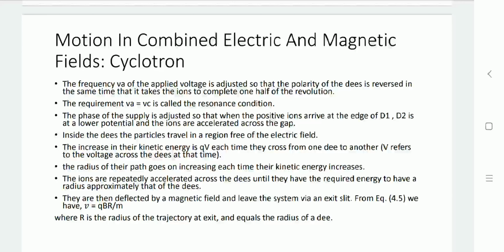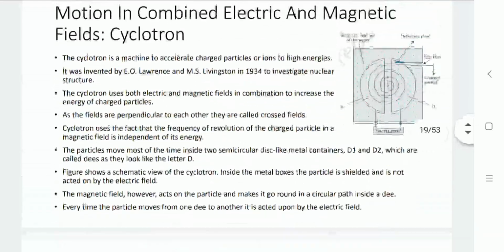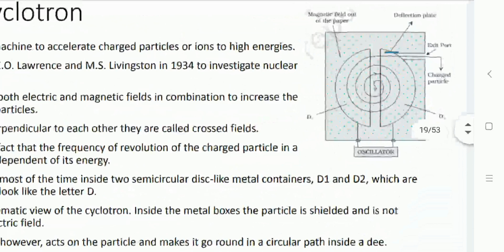They are then deflected by a magnetic field and leave the system via the exit slit, as shown in the figure. When the radius of the spiral path becomes equal to the radius of the D, the charged particle leaves through that exit port.